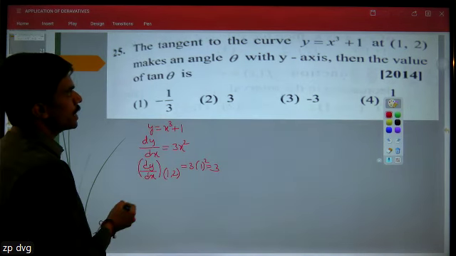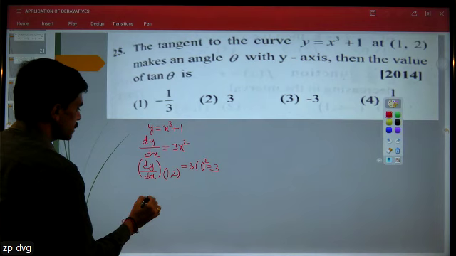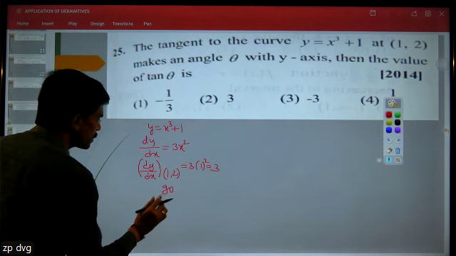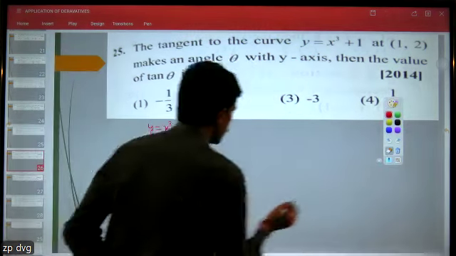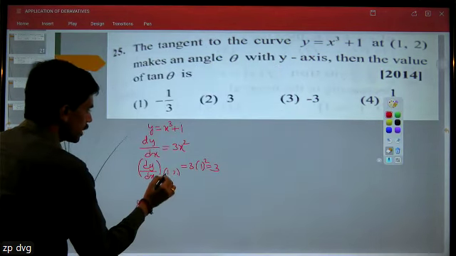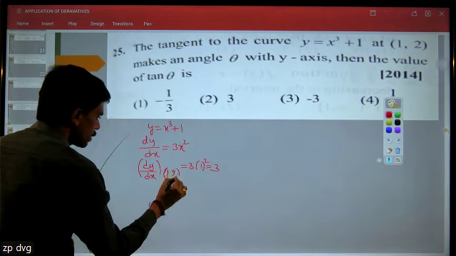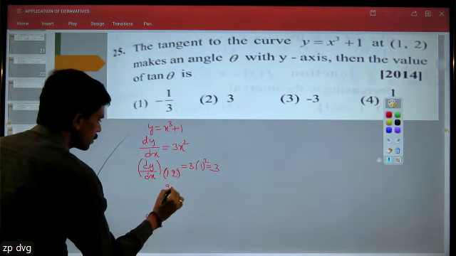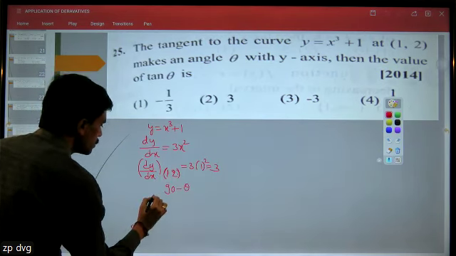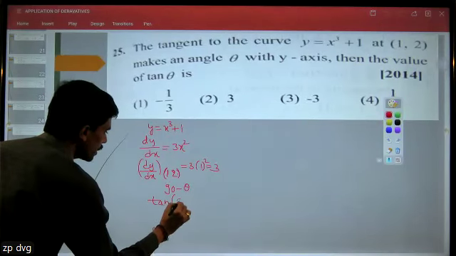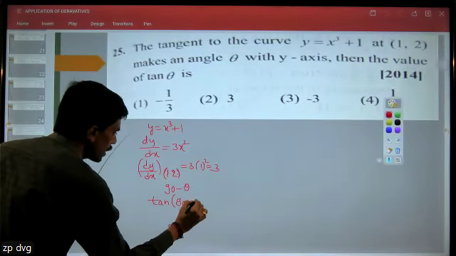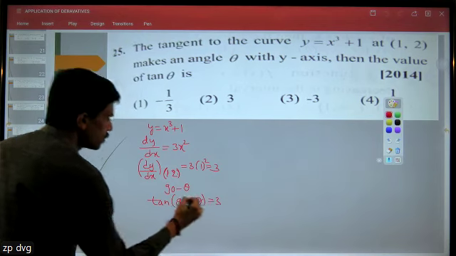So from y-axis it is theta, from x-axis it is 90 minus theta. So tan of 90 minus theta equal to 3.